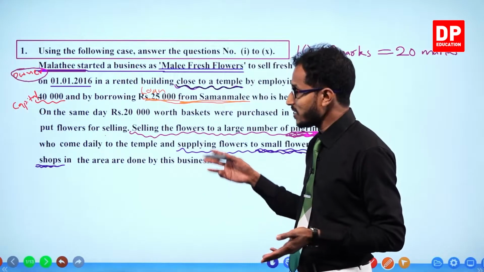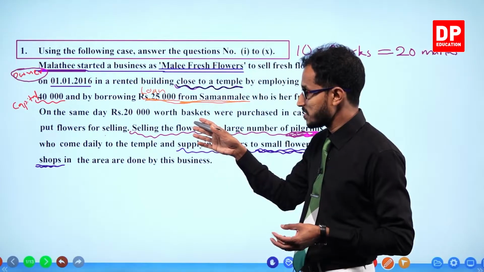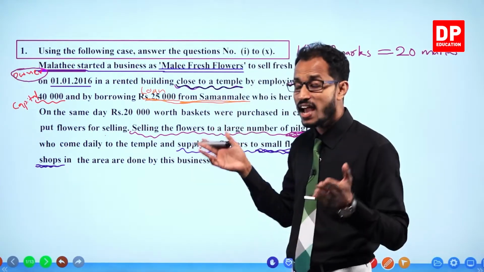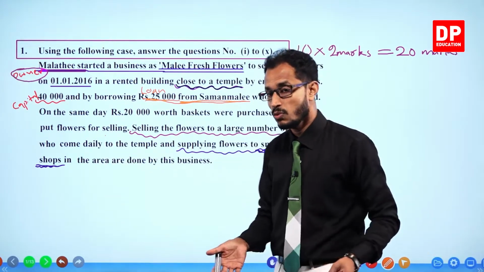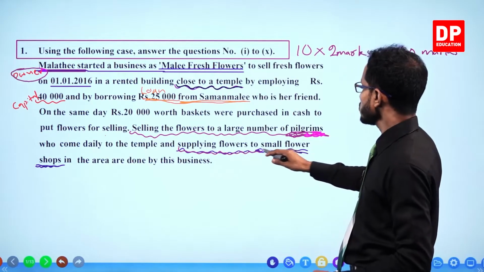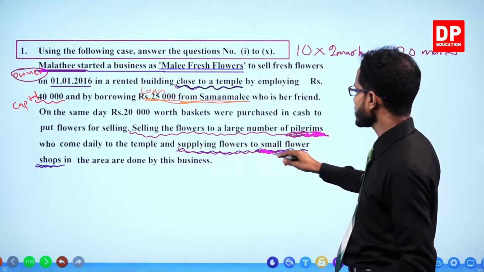That's why I'm saying that Malati and Samanmali, in their business, are doing retailing also, but they are involved in wholesaling too. Why am I saying that? Supplying flowers to small flower vendors, to other resellers.